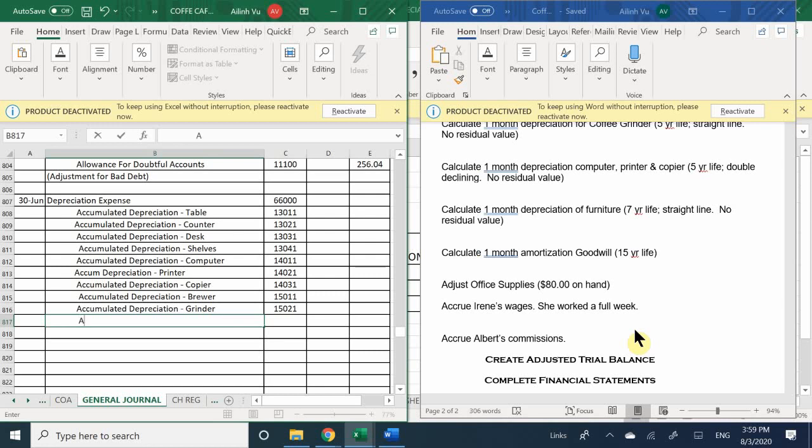And then we've got accumulated depreciation truck, which will be 17011.